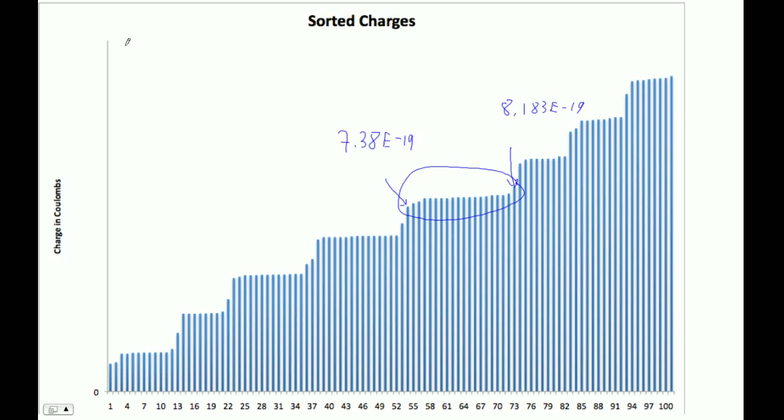So our uncertainty for that one step is going to be high minus low over 2. Let's figure out the uncertainty of that step. That's 8.183 minus 7.380 over 2 times 10 to the minus 19th.